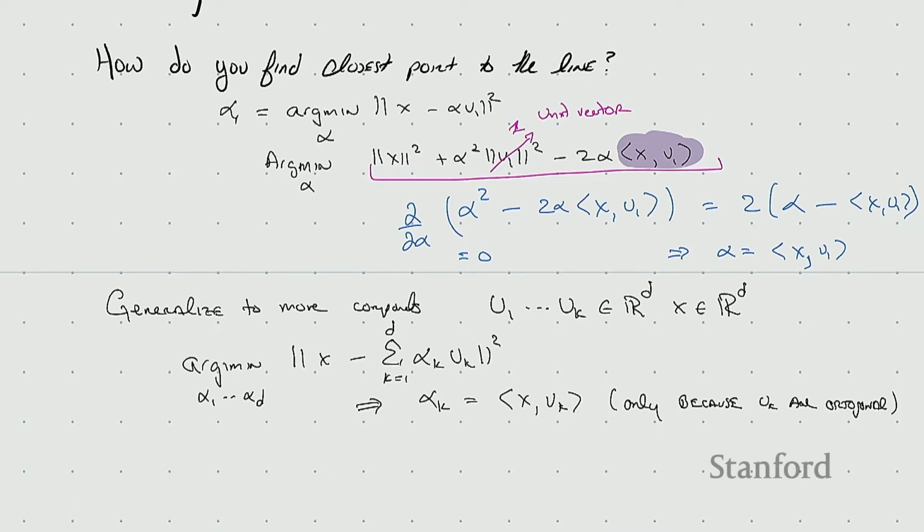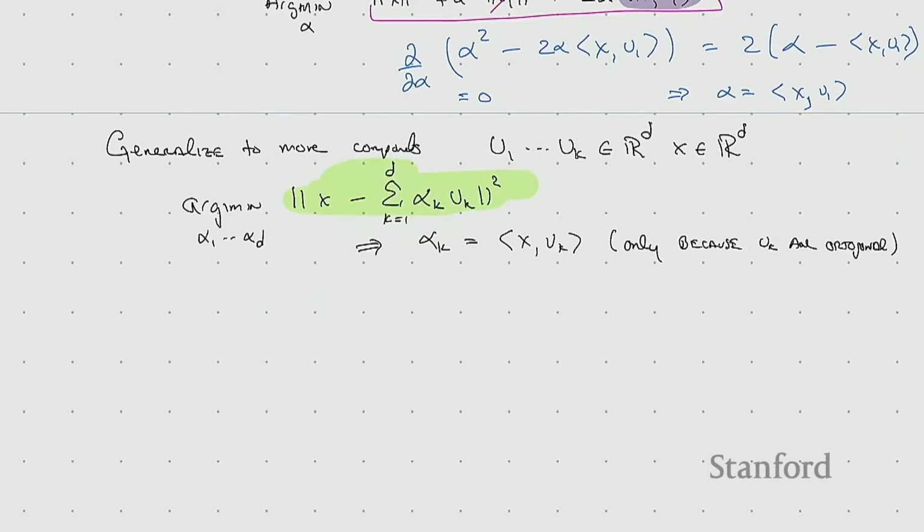Now, this quantity here is important. Well, that's a terrible highlight. Let's use this one. This thing here is called the residual. This is the residual.